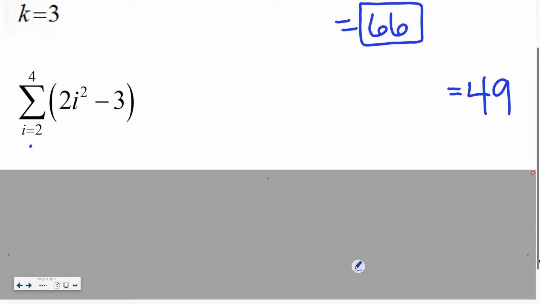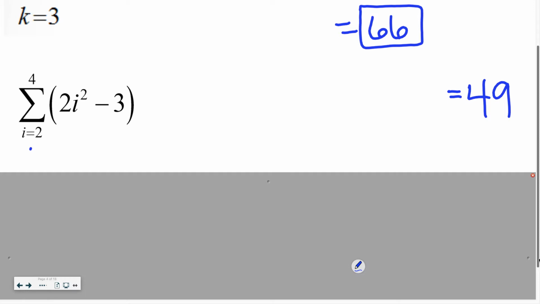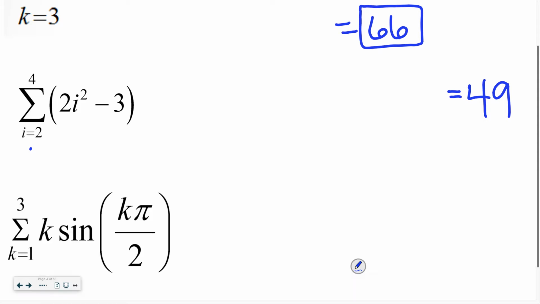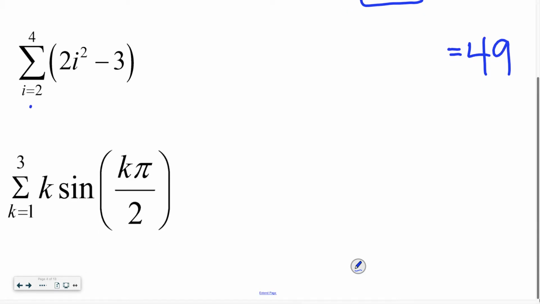Are you listening to music as I'm talking? Yeah, it's working out. I swear, I got 49. We were not meant to multitask. Okay. Last one. Write it down.